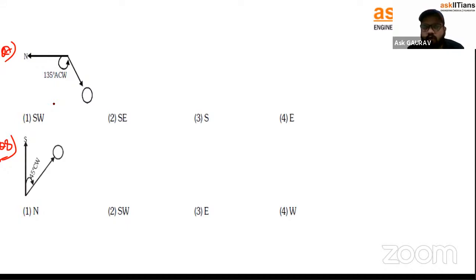From north, you are moving 135 degrees anti-clockwise. This is similar to the very first example we have done. There also we moved 135 degrees, right? Southeast, southwest.